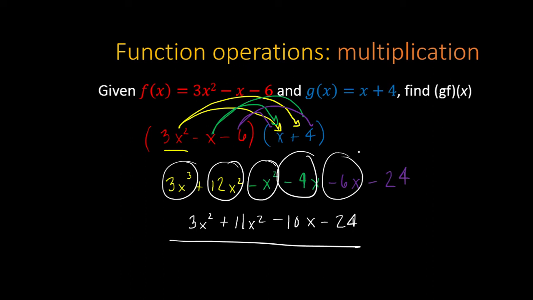For multiplication, and really you could just do this with all of them, write your functions in parentheses, then put whatever your symbol is in between them, and that way you'll never make a mistake. So this would work for addition, it works for subtraction, it works for multiplication. So write your functions side by side, each in their own set of parentheses, connect them with whatever operator you're asked to do, so in this case multiplication, and then carry it out.